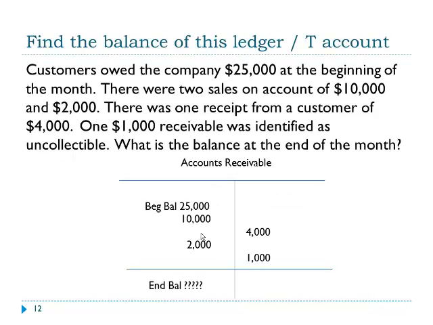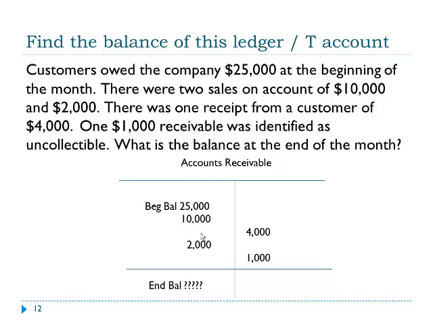Here's a practice to make sure that you understand how to use this T account. What if we've got an accounts receivable account that had a beginning balance of $25,000 and it had two credit sales, one for $10,000 and one for $2,000, and it had one receipt from a customer of $4,000 that decreased accounts receivable, and there was one account that was identified as uncollectible, so that's a write-off of this account.